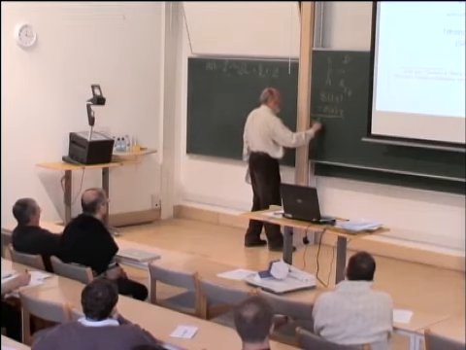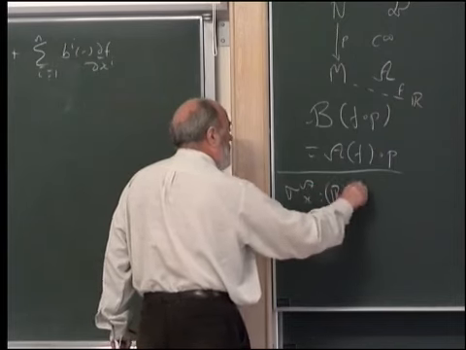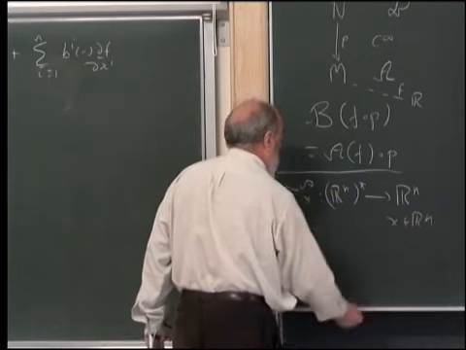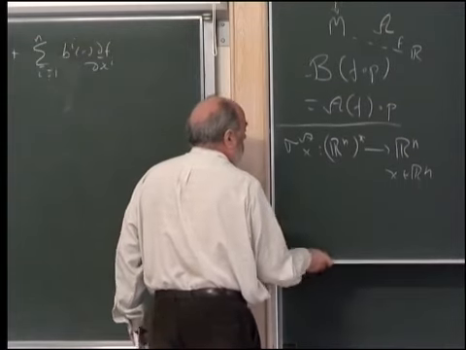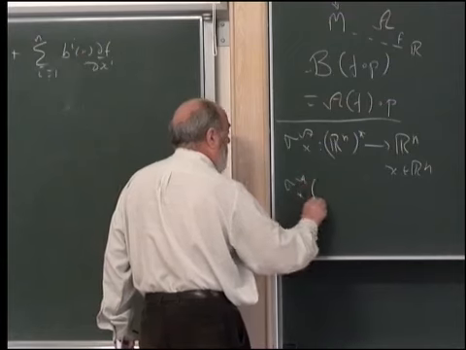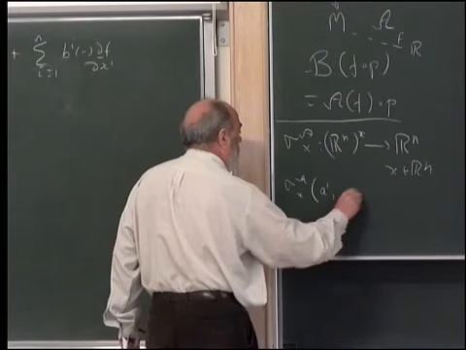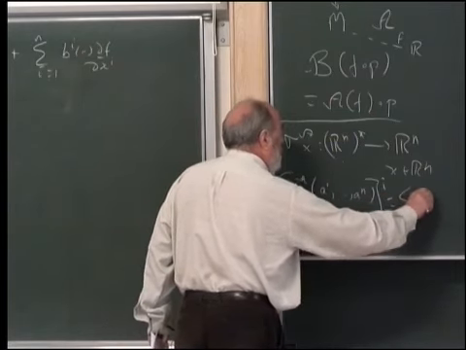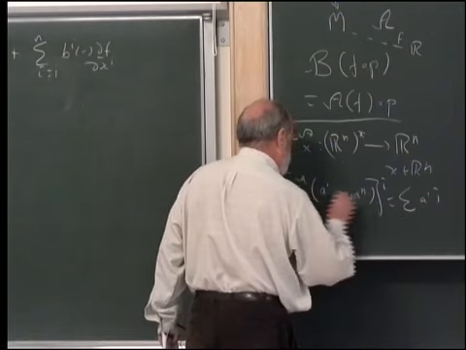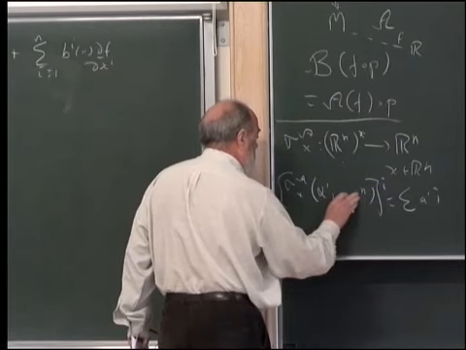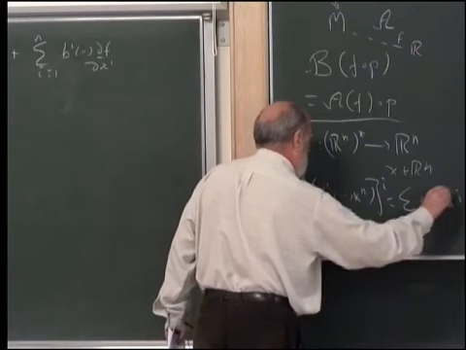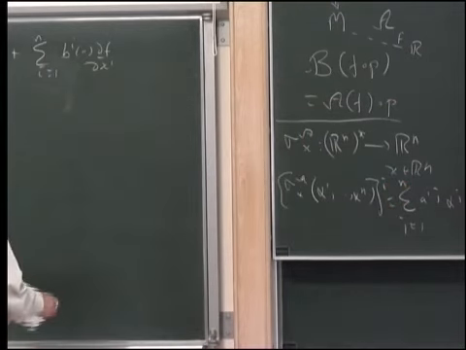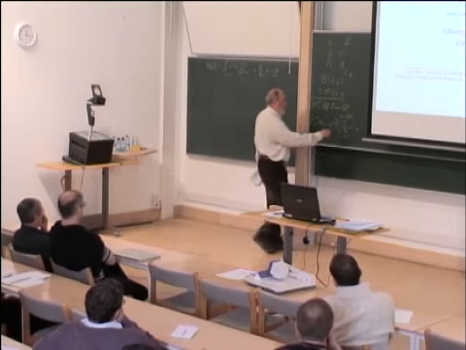The symbol of A at a point x goes from the dual space, to be precise, for each x belonging to R^n, and it's given by: sigma_A(x) acting on a vector alpha_1 up to alpha_n has ith component the sum of a^{ij} alpha_j, j equals 1 to n. These are, of course, all evaluated at x.